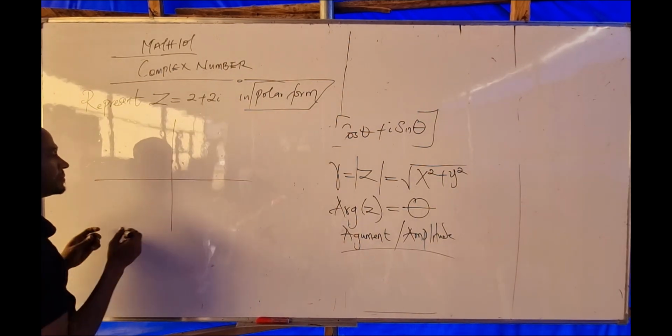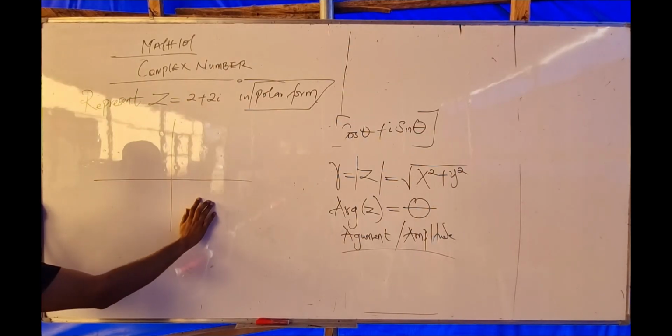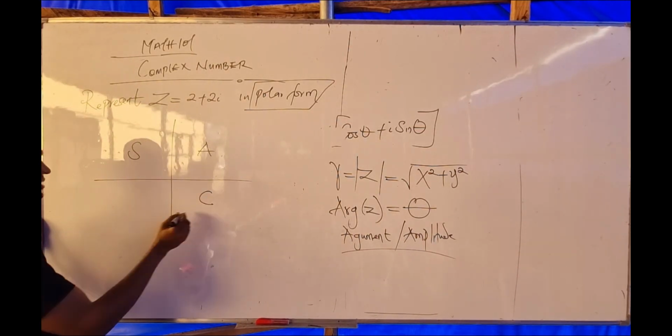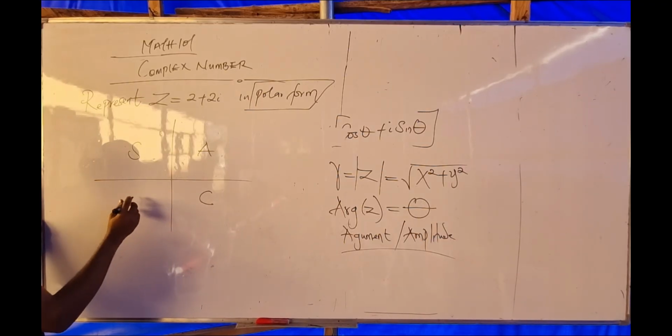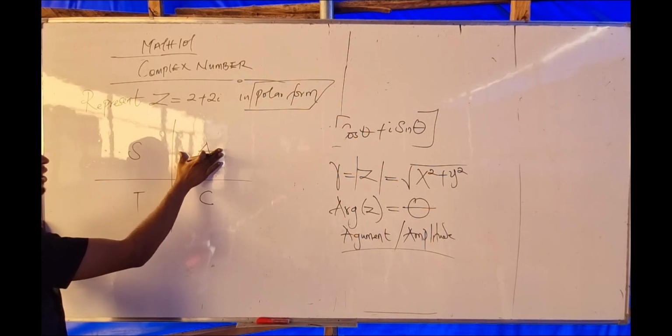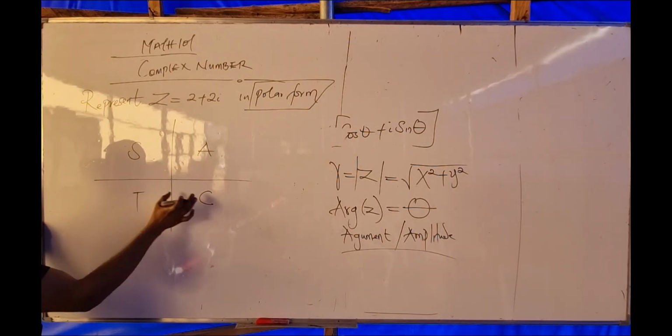In the Cartesian diagram, we have the first quadrant, second quadrant, third, and fourth. In the first quadrant, we have All, in the second Sine, in the third Tan, and in the fourth Cos. The word All means sine, tan, and cosine are all positive. Sine means only sine is positive, meaning tangent and cosine are negative.